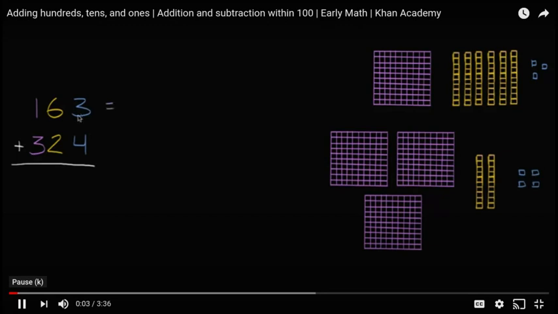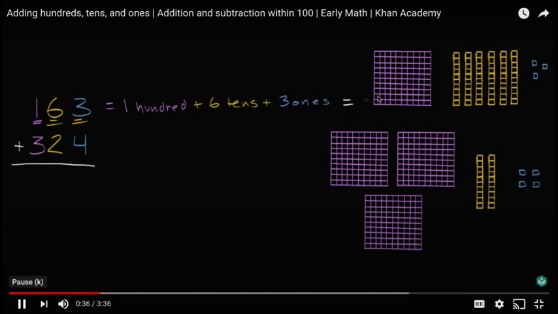163. And that is the same as, I have a 1 in the hundreds place, so that's 100, plus 6 tens, plus 3 ones, 3 in the ones place. Do that in the color blue, which I have for the ones place. And I've drawn that out here where I actually draw 163 squares.